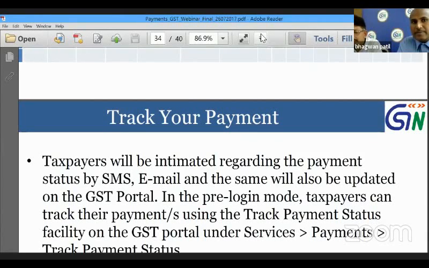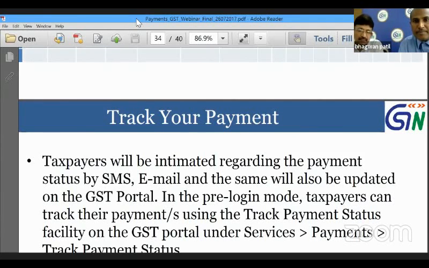Actually, this is the case of NEFT RTGS. Suppose you have made a payment through any of the authorized or other than authorized banks, and that amount is communicated, sent to RBI with the UTR.